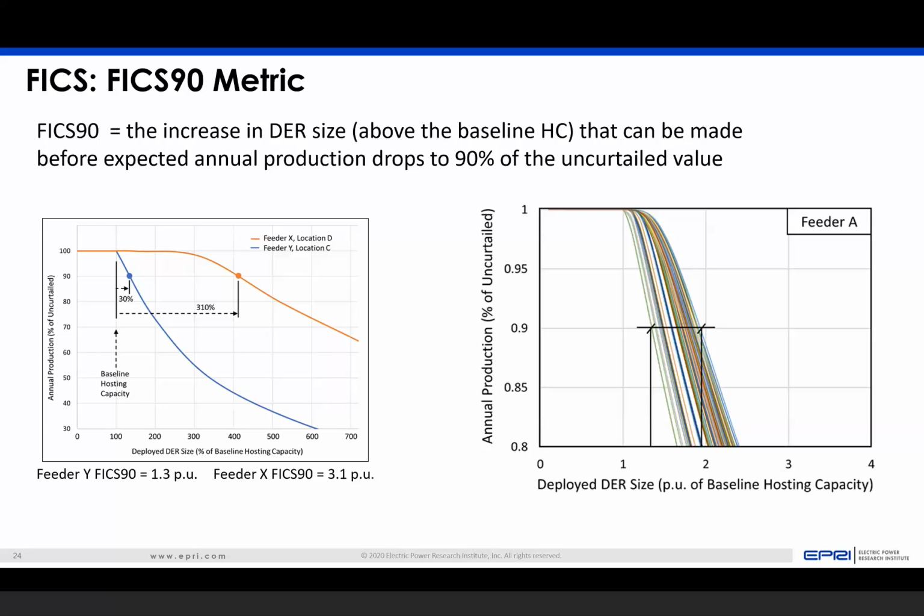So there is a very wide range of results. And what this tells us is that we need to perform broader analysis on broader sets of feeders and also looking at broader sets of load profiles and DER output files, really to draw better conclusions. If you go to the next slide.